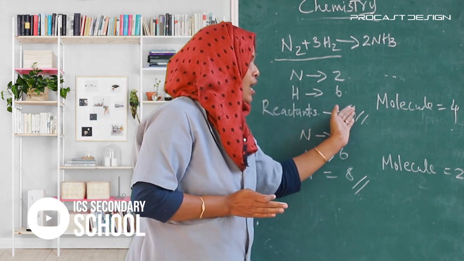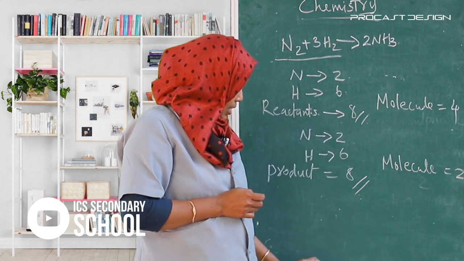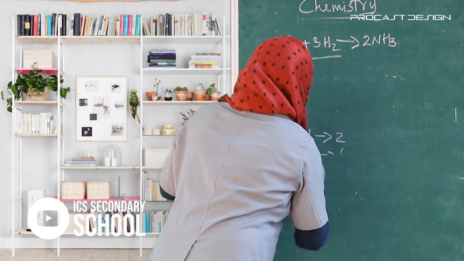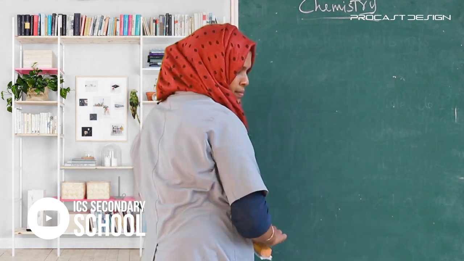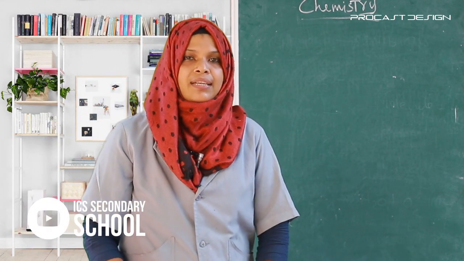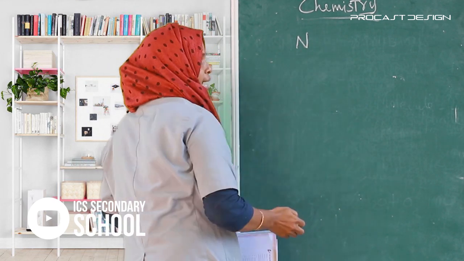Next one, what is the relation between the number of atoms on the reactant side and the product side? The number of atoms is equal. Then next, N is the symbol of nitrogen.